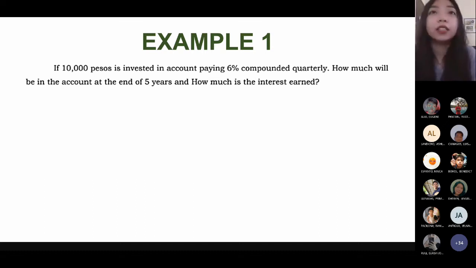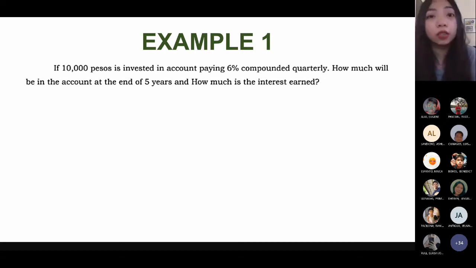So may given tayo dito sa ating example, if 10,000 pesos is invested. So ibig sabihin meron tayong principal amount that is equal to 10,000 pesos. And then, in account paying 6%. So meron tayong interest rate that is in percent form. So 6%.